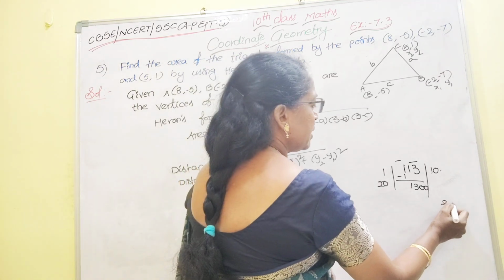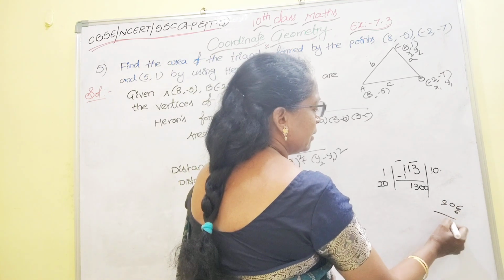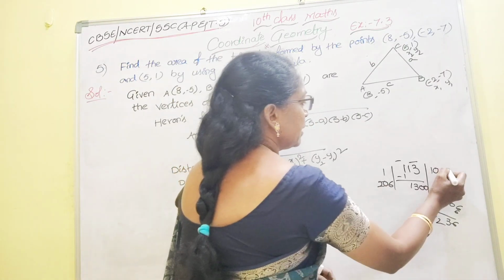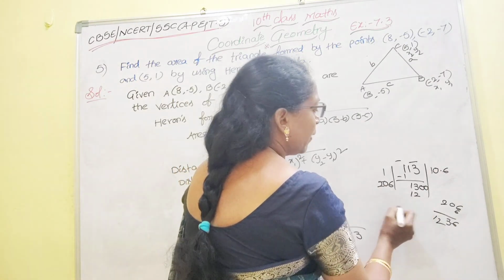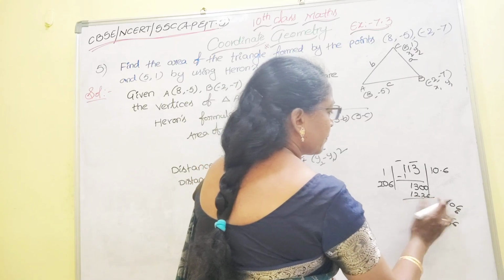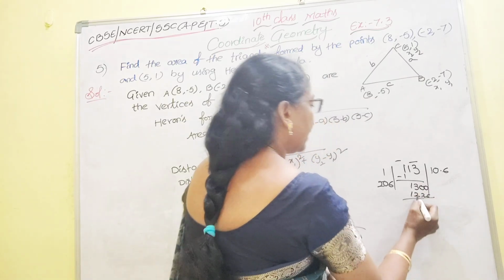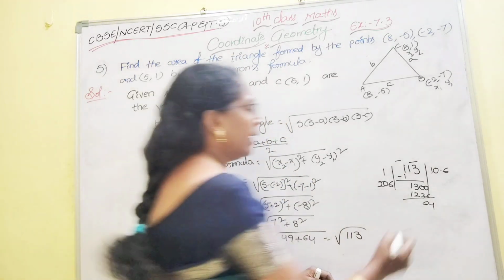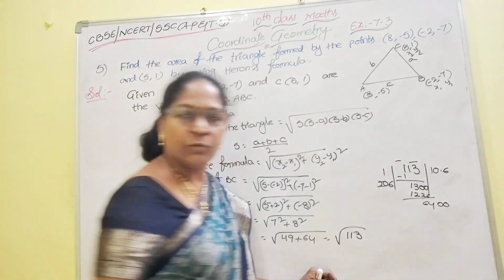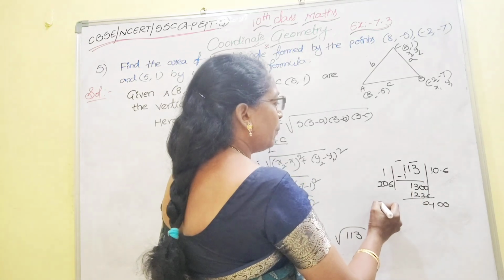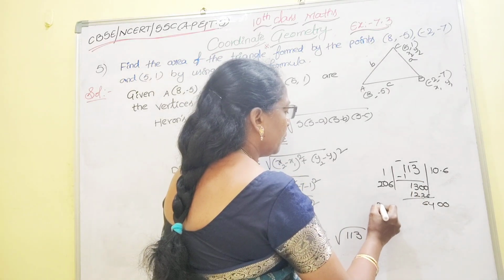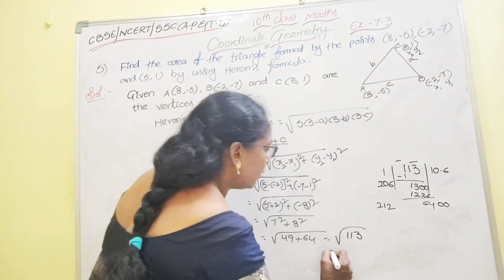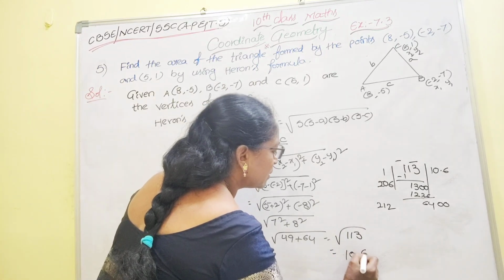Suppose 206 into 6 equals 1236. Now subtract: 100 minus 36 equals 64. Again take two zeros, again double this one. 10.6 doubled equals 212. After one digit after the point you can leave it. This value is approximately 10.6.